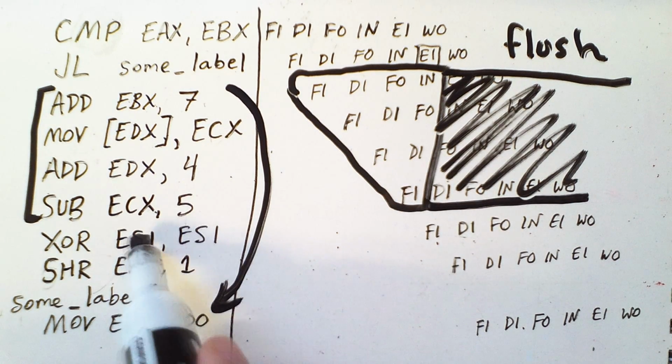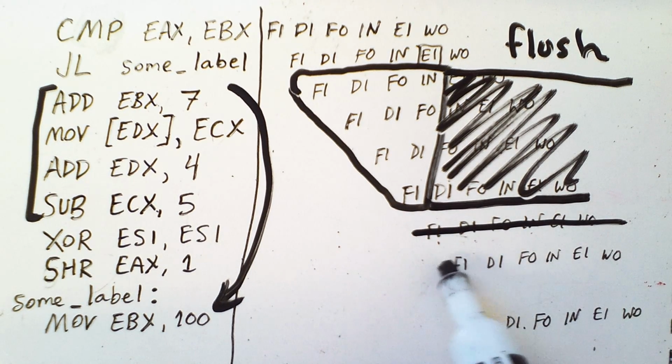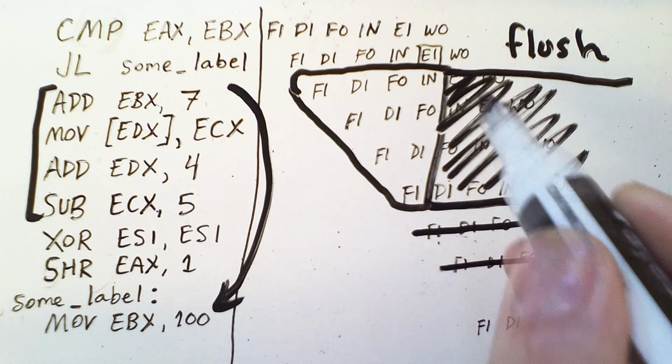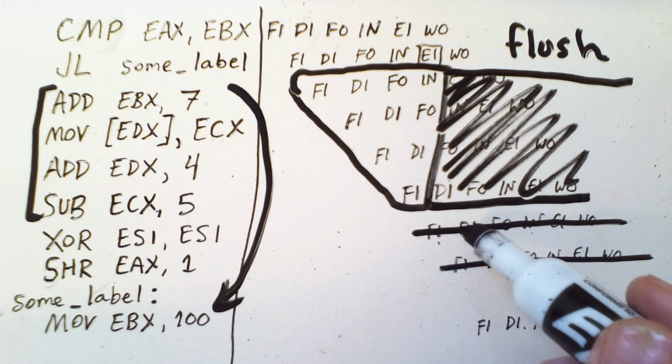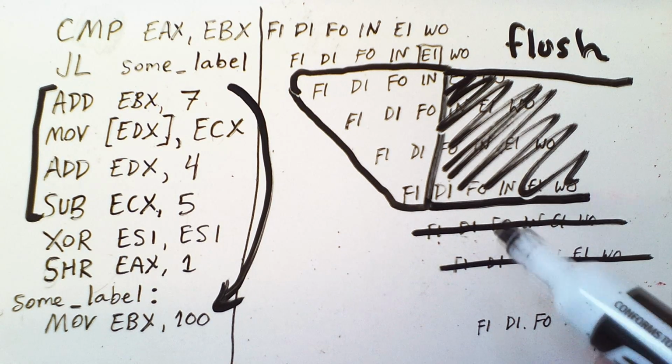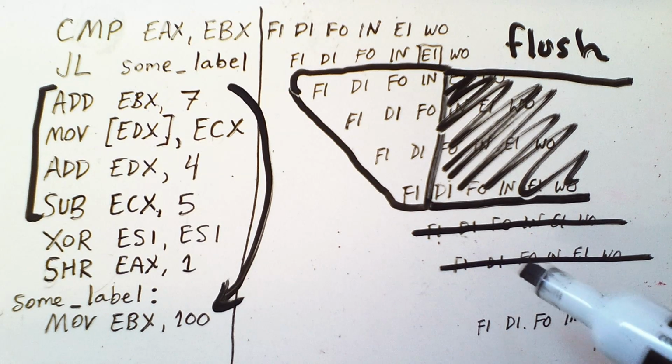So we don't have any problems by simply skipping ahead and ignoring what's happened there so far. We also have these two instructions, which would never have been loaded into the pipeline in the first place because we can only go so far ahead with our pipeline. And these instructions were so far in the future that by the time we knew we were doing the jump, we wouldn't have even loaded any part of them.